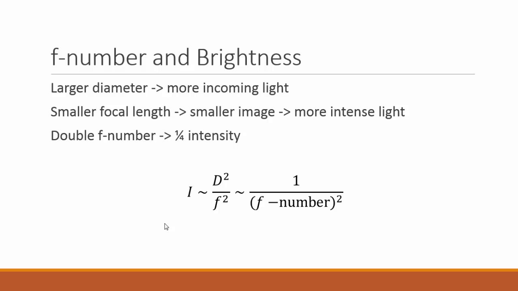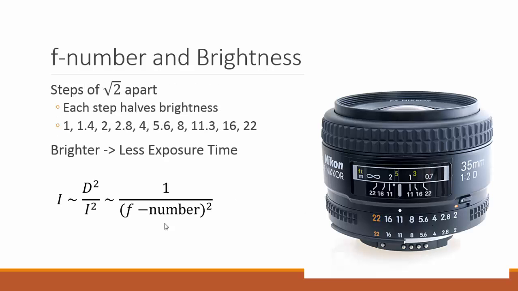The intensity is directly proportional to the diameter squared over the focal length squared, which is the same thing as 1 over the f-number squared. So the listing of the f-stops, as you can see on this camera, goes 1, 1.4, 2, 2.8, 4, 5.6. These are all multiplying the next one over by square root 2, so that the brightness is going down less and less in factors of 1/2.